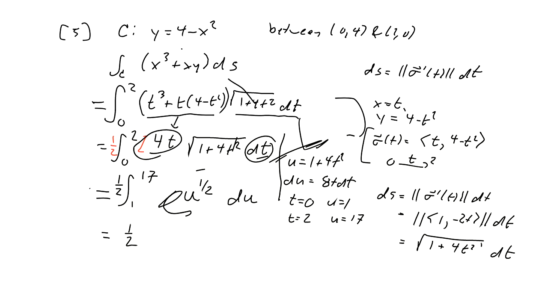Now the integral of u to the half is u to the 3/2 times 2/3. And I'm going to be taking that from u equals 1 to u equals 17. 1/2 times 2/3 is 1/3.